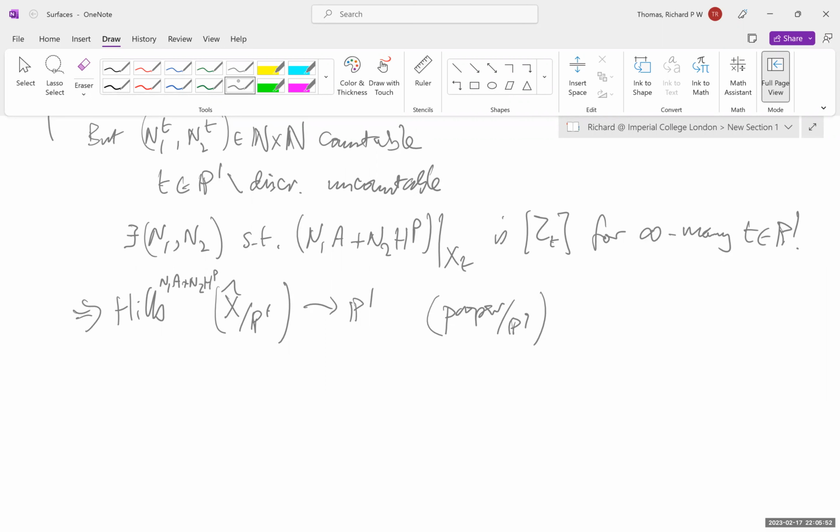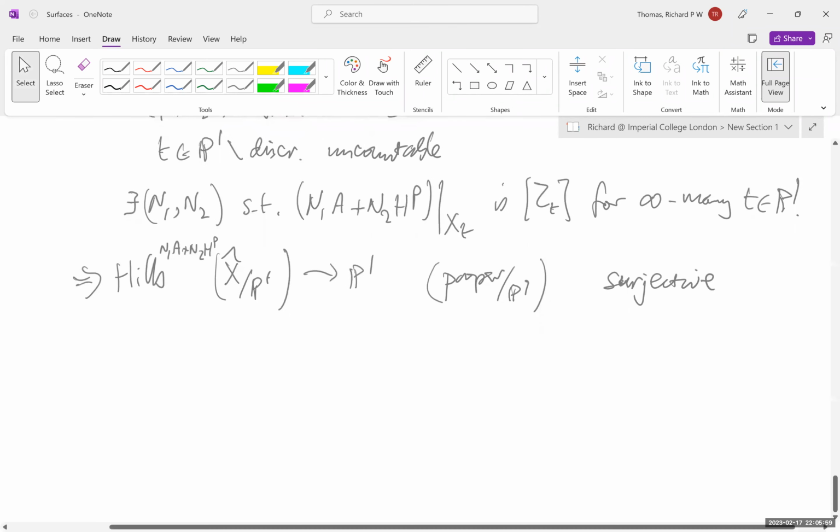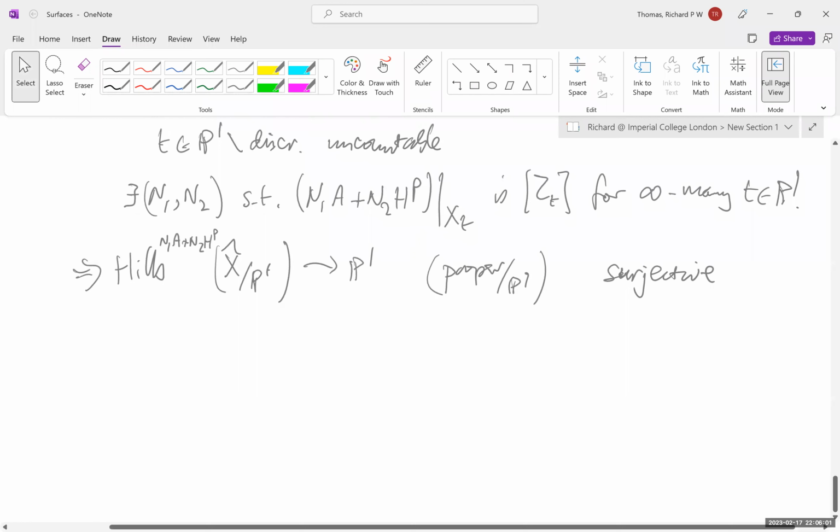So it implies that this is actually surjective. You can't be onto infinitely many points without being onto the whole thing in algebraic geometry.